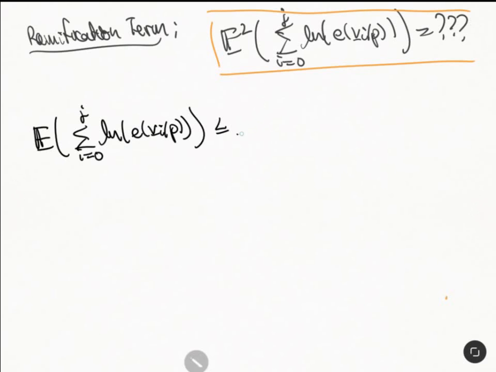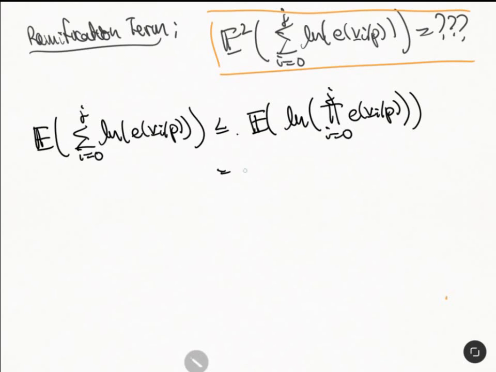So here we have a logarithm, so we have the expectation of the logarithm of the product of these ramification indices, and this is less than or equal to the logarithm of the expectation of the product.